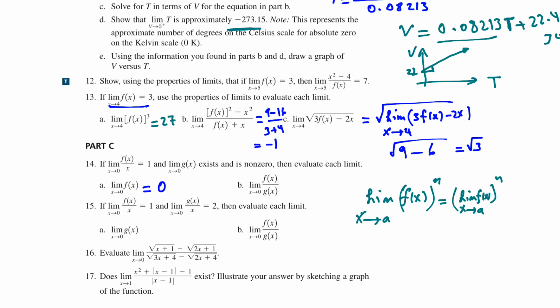We claim this limit equals 0, and our reason is, if this limit is not 0, since the limit of f of x over x as x approaches 0 exists, we have a contradiction. If this limit is not 0, the limit of f of x over x as x approaches 0 does not exist, because the numerator is not 0 and the denominator approaches 0.